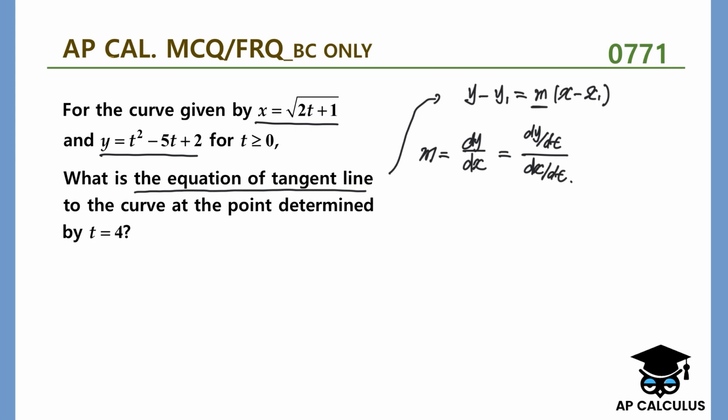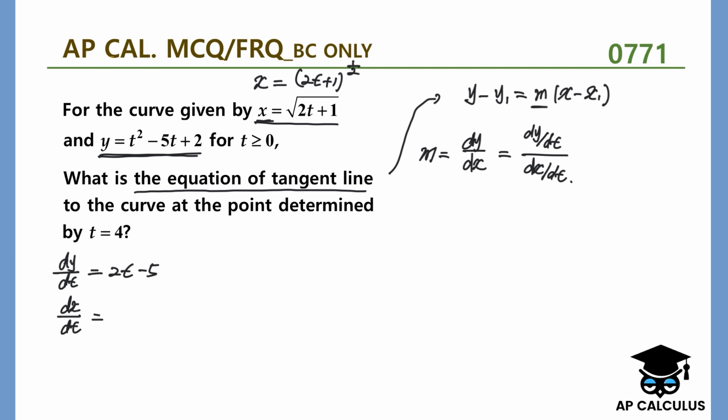So we're going to write slope as dy over dt over dx over dt. Let's find dy over dt first. That's the derivative of this equation with respect to t, so that's 2t minus 5. And dx over dt: x is equal to 2t plus 1 to the power of 1/2.